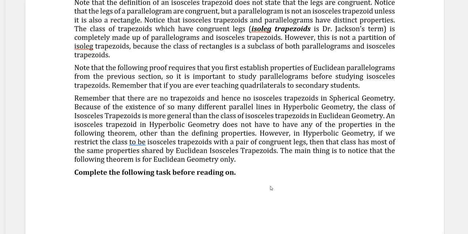An isosceles trapezoid in hyperbolic geometry does not have any of the cool properties of the following theorem other than the defining properties. However, in hyperbolic geometry, if we restrict the class to be isosceles trapezoids with a pair of congruent legs, then that class has most of the same properties shared by Euclidean isosceles trapezoids. The main thing to notice: the following theorem is for Euclidean only. So if you're just studying Euclidean, cool, we're just doing Euclidean geometry here.